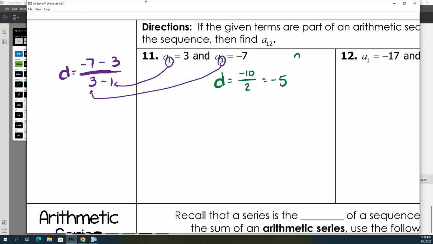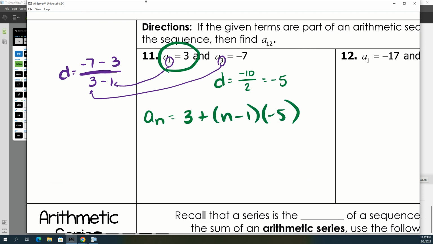All right, and then we are given already the first term. We don't need to rewrite it. So a sub n is going to be this first term plus n minus 1 times the common difference.